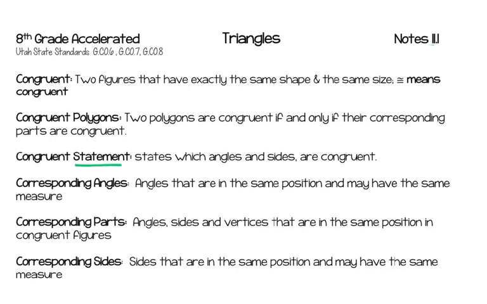A congruent statement states which angles and sides are congruent. So a congruent statement for a triangle, for instance, would be something like triangle ABC is congruent to triangle DEF. And what that statement tells us is that angle A is corresponding with angle D, so they would have the same measures.